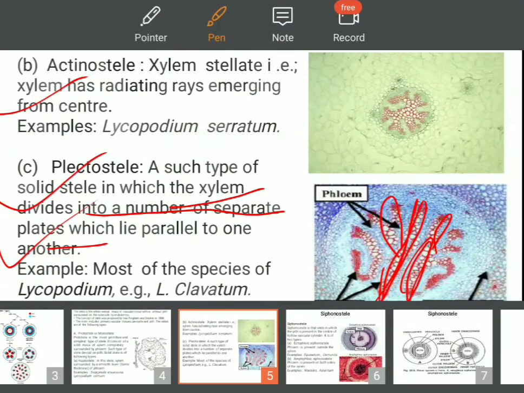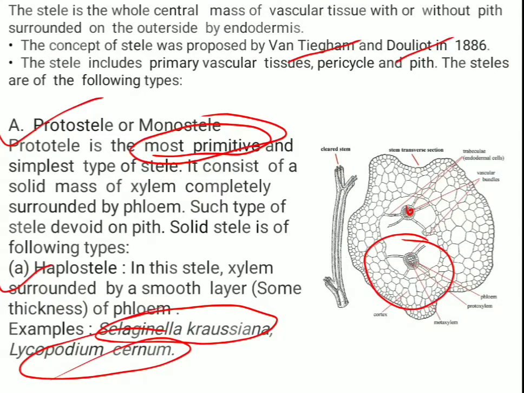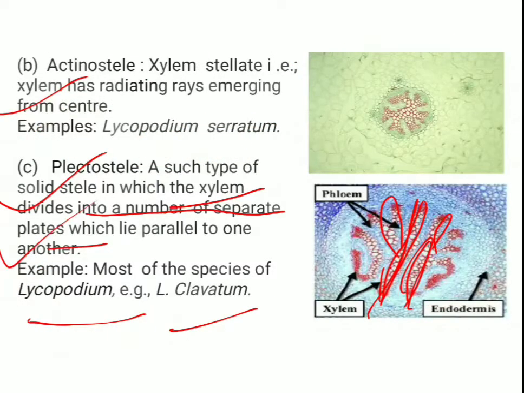In haplostele, the middle portion is xylem and it is surrounded by phloem. Then in actinostele, xylem is arranged in radiating rays, and in plectostele, xylem is arranged in separate plates with surrounding phloem.